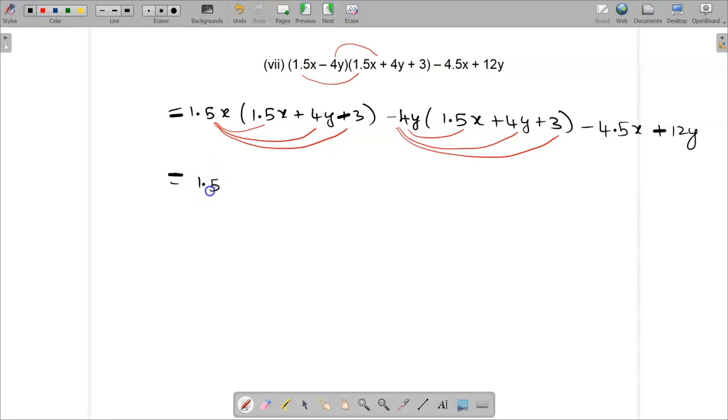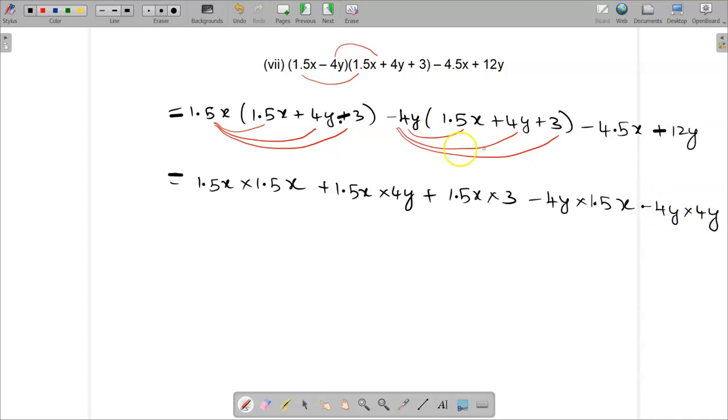So 1.5x into 1.5x, plus into plus is plus 1.5x into 4y, plus into plus is plus 1.5x into 3, minus into plus is minus 4y into 1.5x, minus into plus is minus 4y into 4y, minus into plus is minus 4y into 3, and then the other two terms, minus 4.5x plus 12y. So once you have done that, simplify your constant terms, multiply your variables.